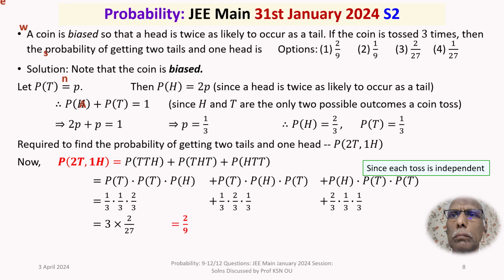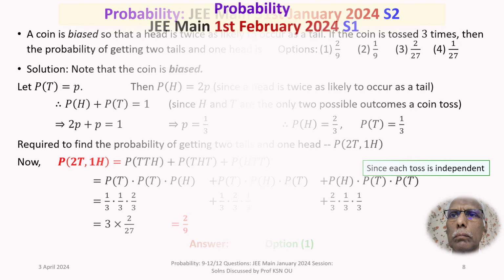Therefore, the answer to this question is option 1. That is the detailed discussion of the solution of the given problem, and it is a very easy question. I am sure that you have understood the solution of this problem, and let's move to the next question.